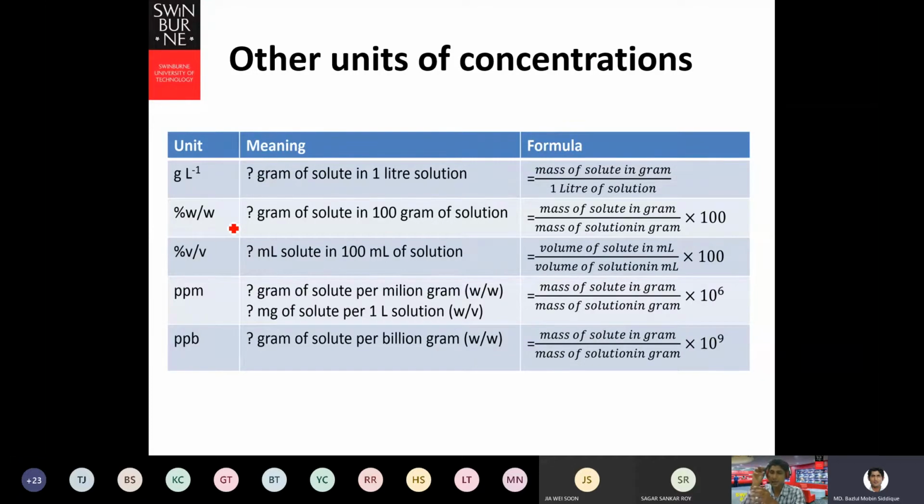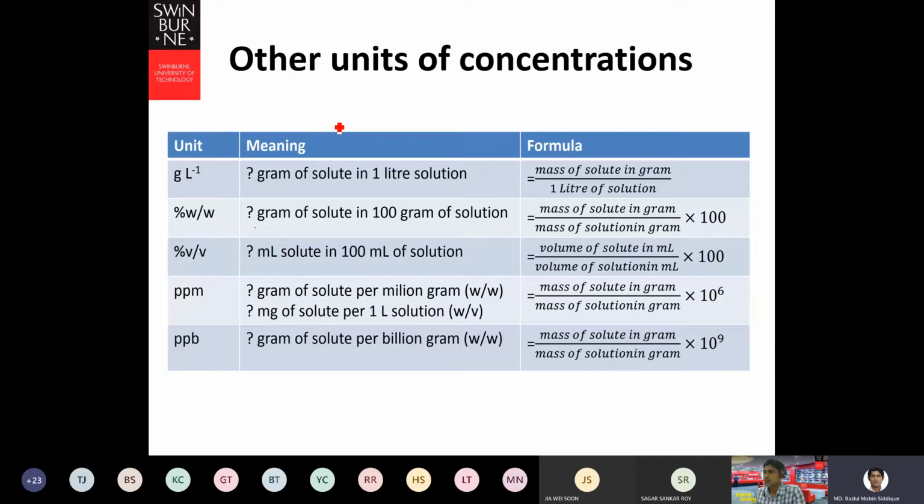That means gram per gram, and since it is a percentage, per 100. If I say weight by weight, that means gram of solute in 100 gram of solution.